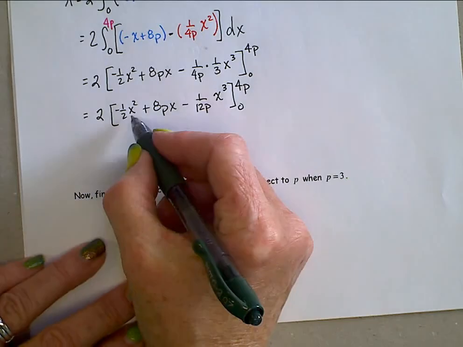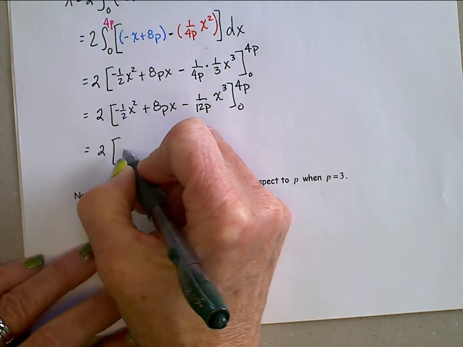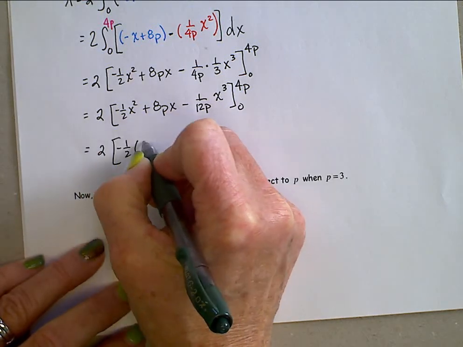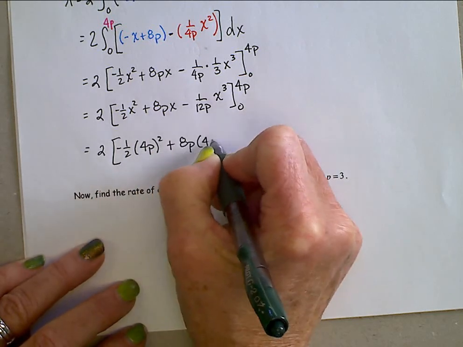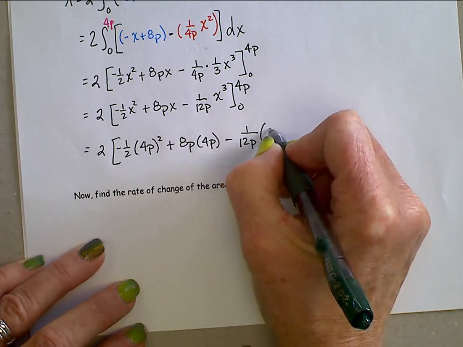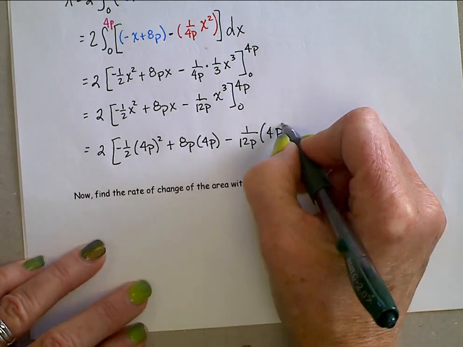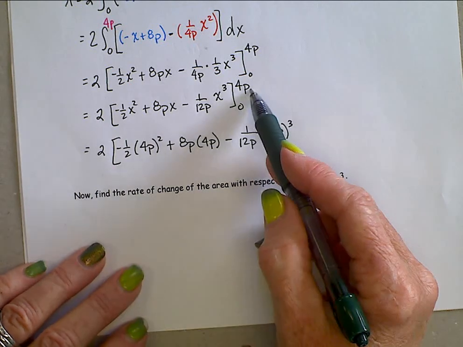Replace the x's with this 4p, and we have 2 times negative 1/2 times 4p squared plus 8p times 4p minus 1 over 12p times 4p cubed. That's just substituting in the 4p.